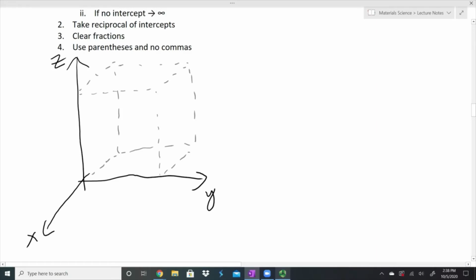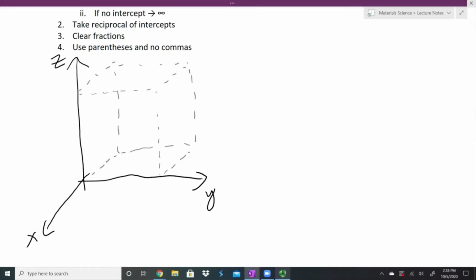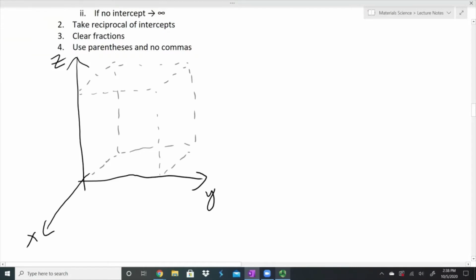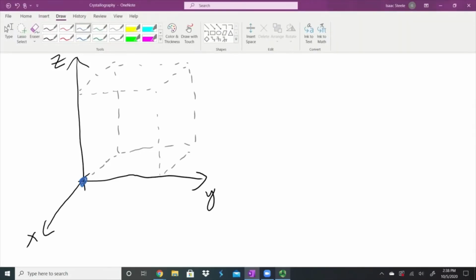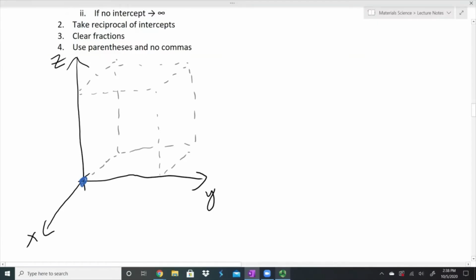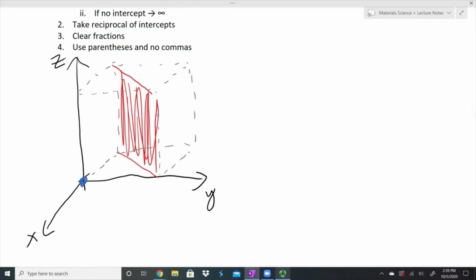My new origin, and I'll draw it in blue this time, is right here. I still have the same plane. So my plane is right here. But we can see that our plane doesn't go through our origin, so this should work just fine.